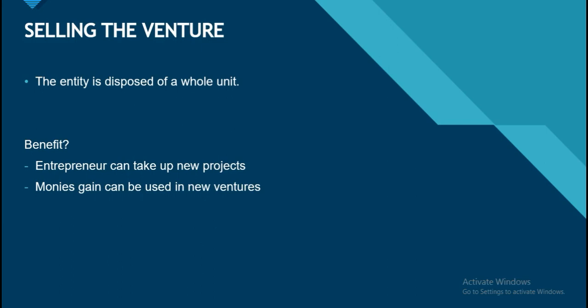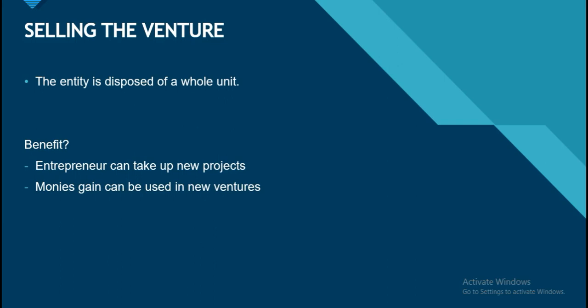The benefit of this is that the entity goes to perhaps one person or multiple persons, but the essence of it is that, as opposed to, say, liquidation, one does not have to wait for the different assets owned by the entity to be sold. It is sold as one unit.